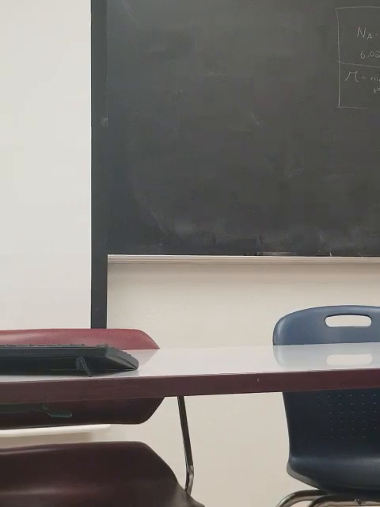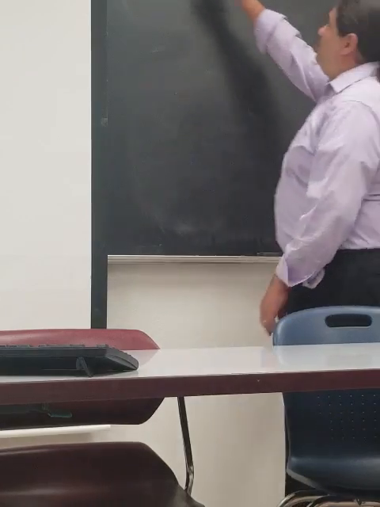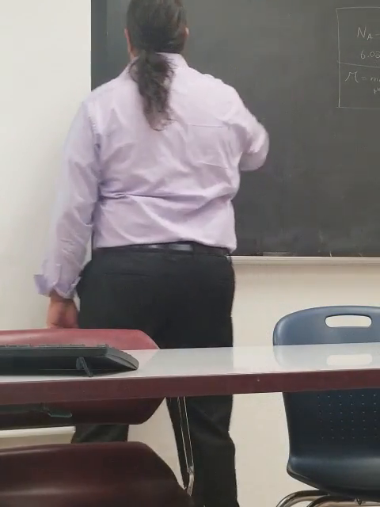So for number 21, we're given the mass of water, 75 grams of water, and they're asking us for the number of hydrogen atoms. Okay, atoms are particles. So before we can get to particles, we need to convert to moles. And from mass to moles, we divide by the molar mass.